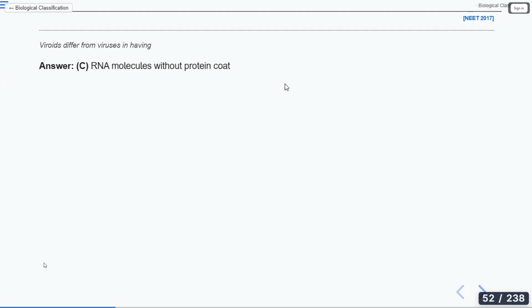Deuteromycete is known as fungi imperfecti, or imperfect fungi, because sexual reproduction in deuteromycetes has not yet been studied properly. So they reproduce asexually through conidia. Yes, they lack sex.